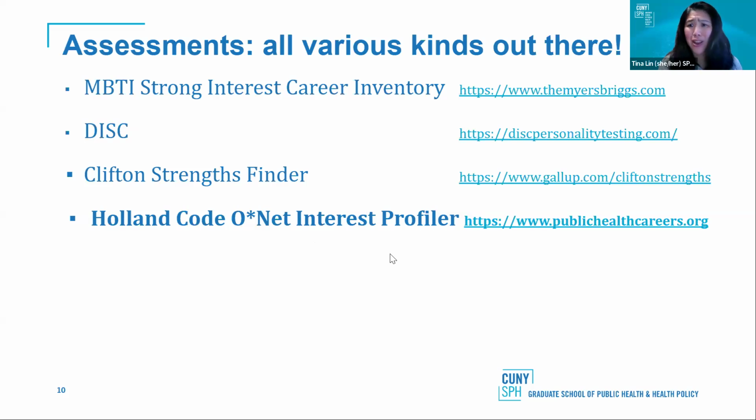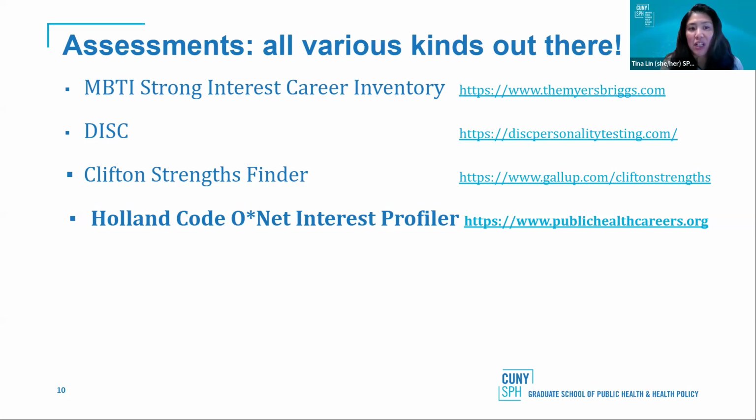There are tons of assessments out there, of all kinds. The most common one is the Myers-Briggs, the MBTI, and there's the Strong Interest Inventory. There's another fairly popular one called DISC, a behavioral self-assessment tool that categorizes people into four personality types: D for dominance, I for influence, S for steadiness, and C for conscientiousness.